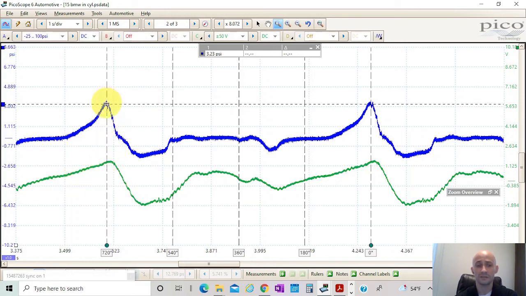And as the cylinder goes down on the exhaust stroke, pressure inside the crankcase is decreasing at this point, and it just follows the crankcase pressure is basically following the in-cylinder pressure, which tells me, like I said before, there's either a hole in the piston, bad piston rings, or the cylinder walls are bad.